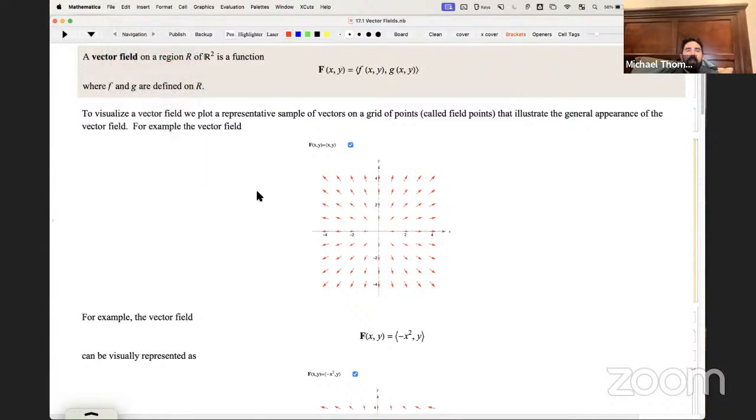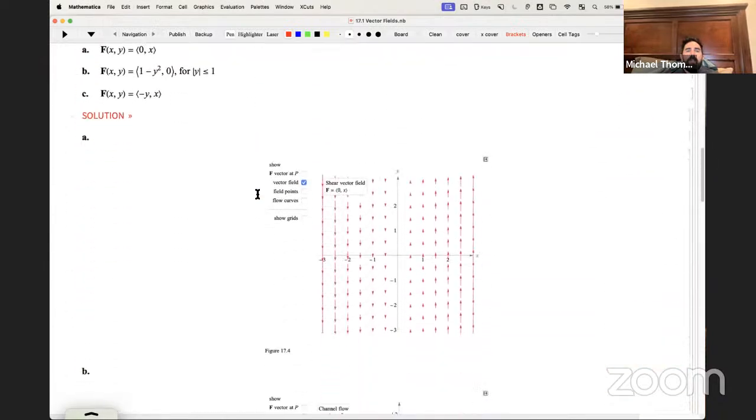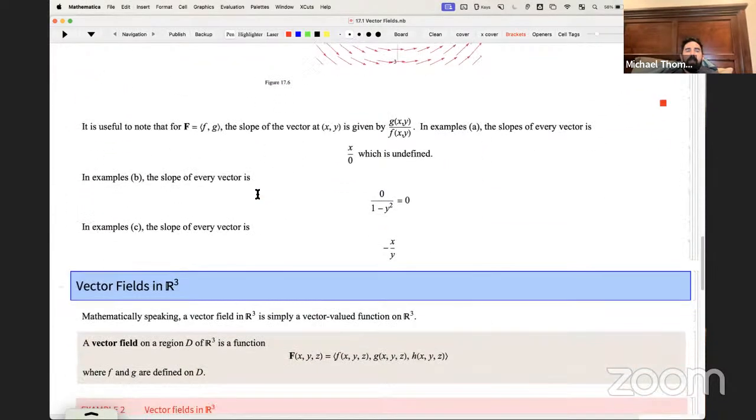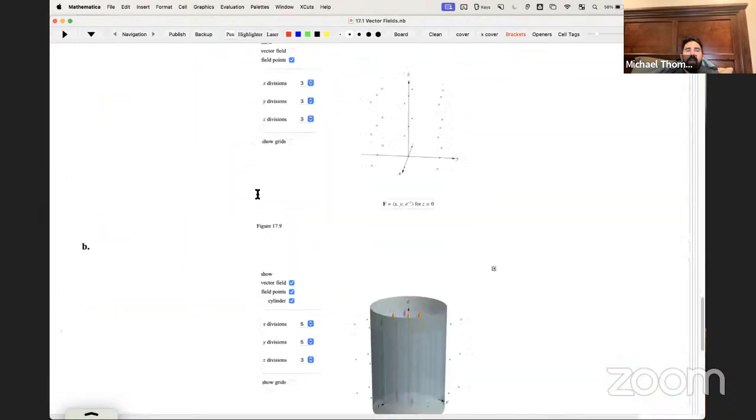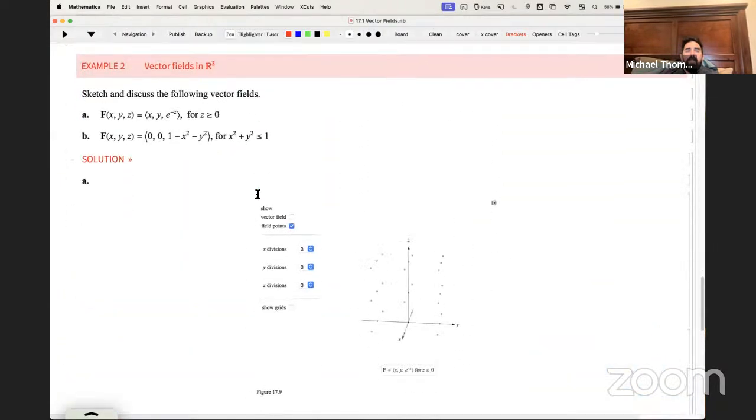If we were to try and visualize this vector field, you can see that the first two components are basically one of those radial vector fields if you kind of ignore the z-axis.